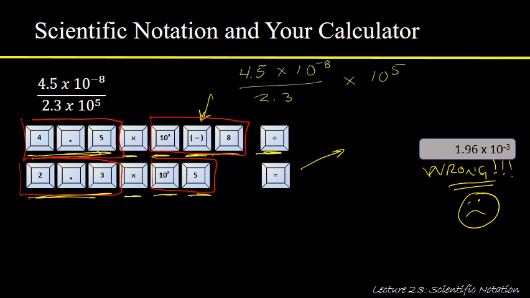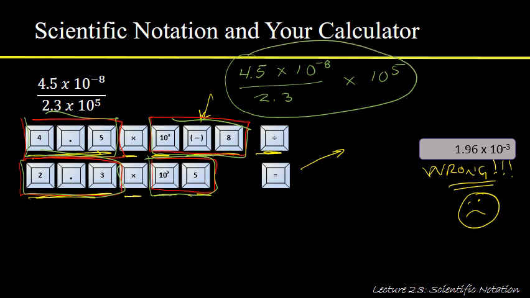It sees all 4 of these as different numbers, and then it just applies order of operations in order to figure out how to multiply or divide them. And when it does that, it interprets it this way and gives you this incorrect answer.